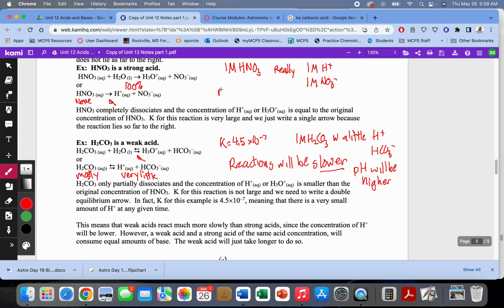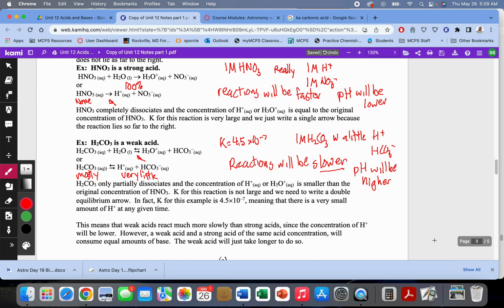Whereas here, the reactions will be quicker because all of the H plus is available right away, and the pH will be lower. So that's what we mean by strength.